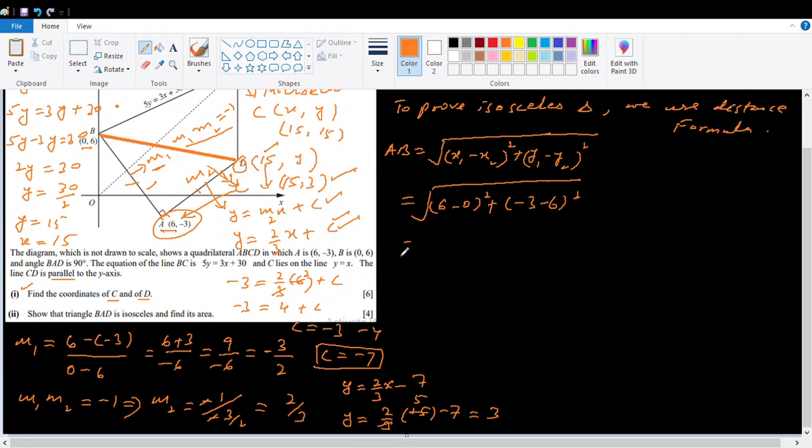So it would be 6 squared plus minus 9 squared, and 6 sixes are 36 plus 81, which is going to be 117. So the length of AB is square root 117 units.